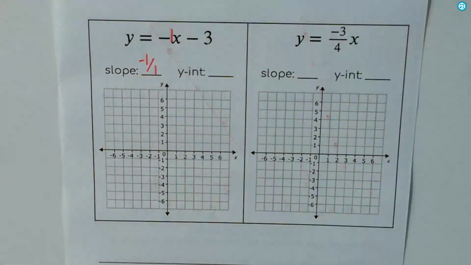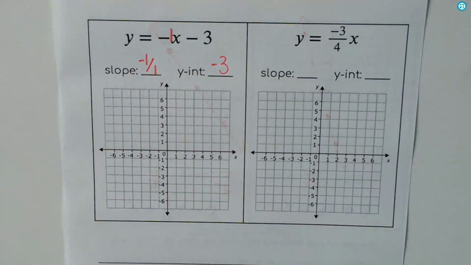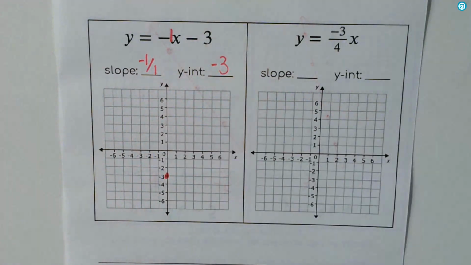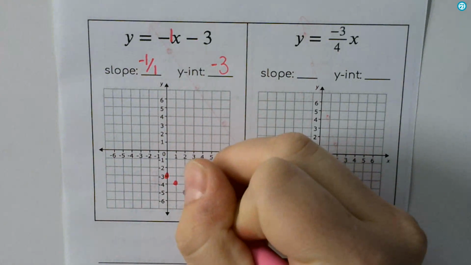So my slope can be negative 1 over 1. And then my y-intercept is negative 3. It's minus 3. So I'm going to start on my graph at negative 3. And then my slope, I'm going to go down 1, right 1. Down into the right, down into the right.